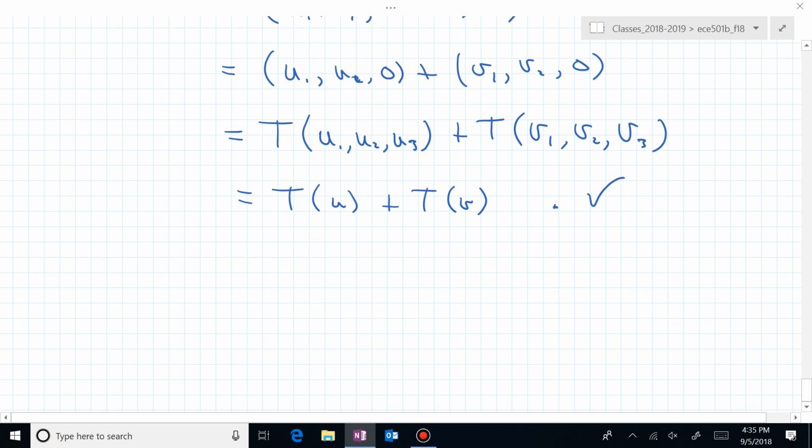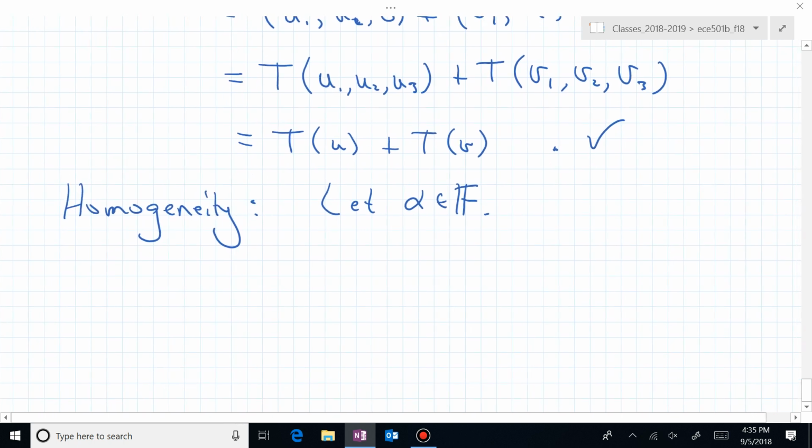And homogeneity, now we need a scalar, alpha. It's arbitrary. We just say let alpha come from F. Now we have T of alpha U, let me make that a U, my V's don't look very good.